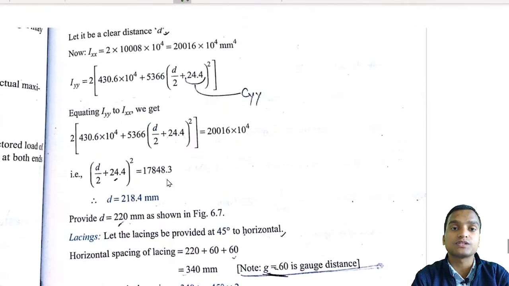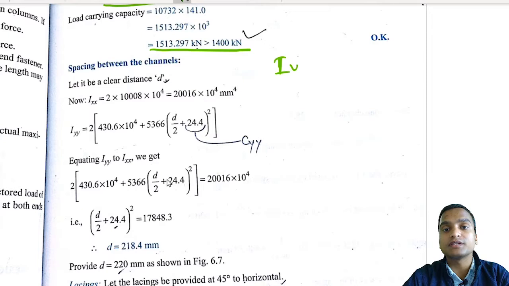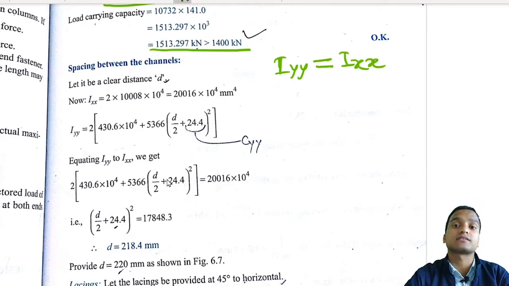This has to be decided, and we know that RYY or IYY in this case, if we want to make the YY axis the major axis, then we have to make it equal to somehow the other, IXX.